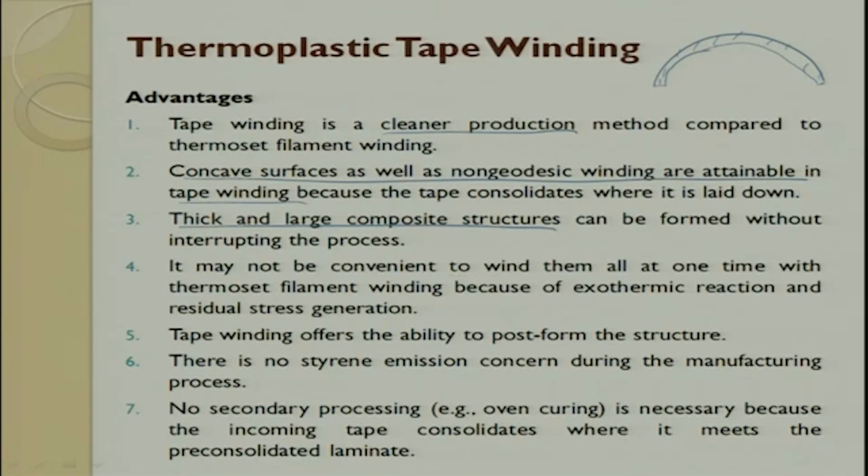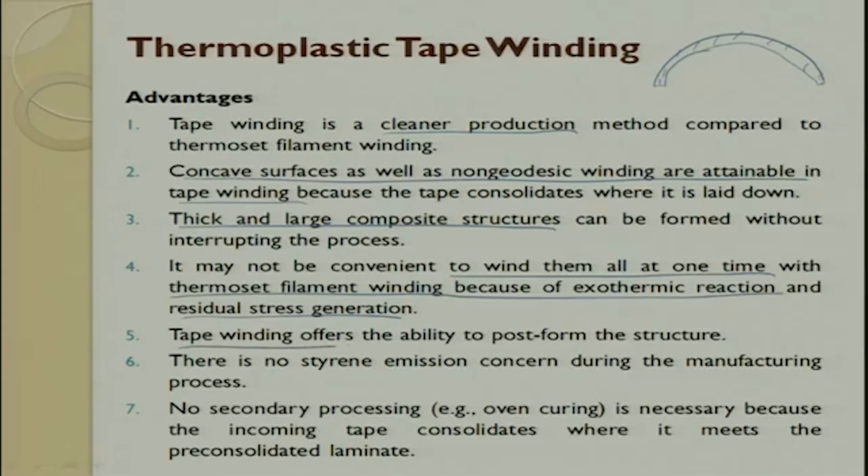It may not be convenient to wind them all at one time, so they do it piecemeal, and then they try to make it with a thermoset winding process. So, see here what happens is, in the thermoset winding process, it is exothermic in nature, so it releases heat. So, this release of heat always tries to distort the nearby area. So, as far as thermoplastic composite is concerned, this type of problem is not there.